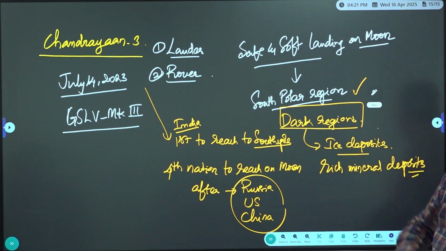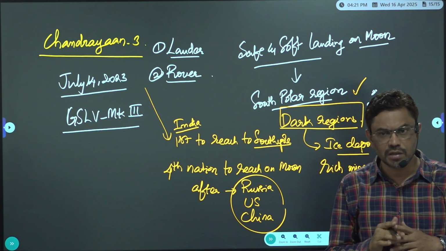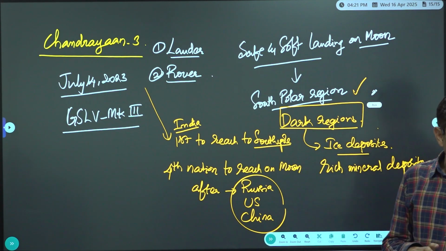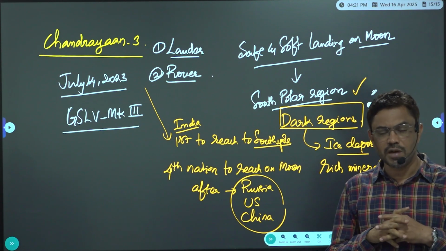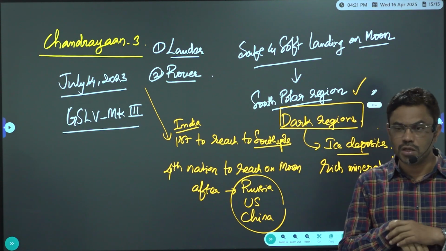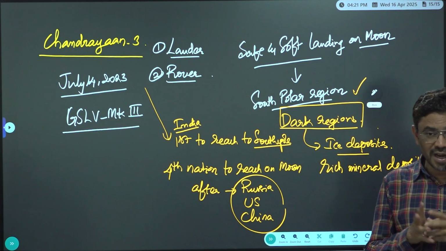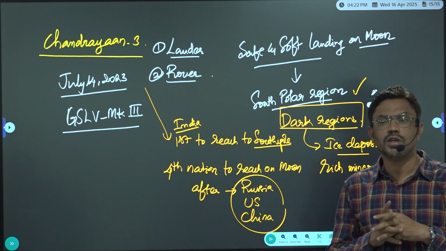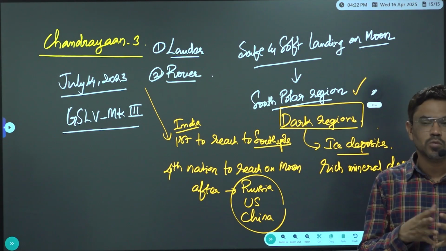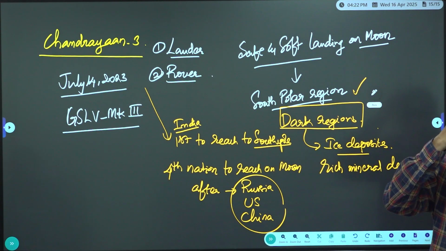India wanted to look at this South Polar region because there are a lot of dark regions here. In these dark regions there are rich ice deposits and rich mineral deposits. To explore all these things, India wanted to reach the South Polar region. With that, India became the first nation to reach the South Polar region and the fourth nation to soft land on the moon, after Russia, China and US.